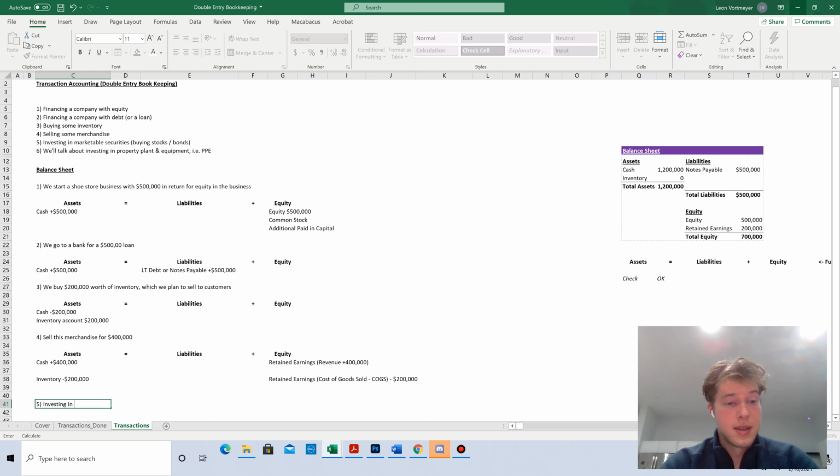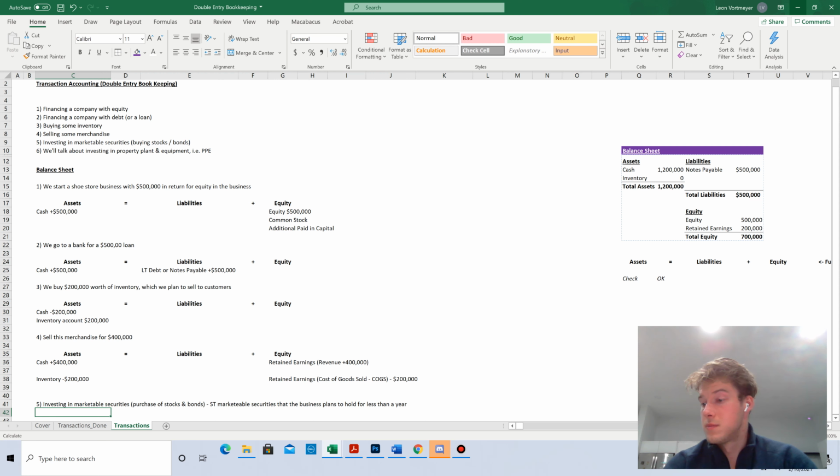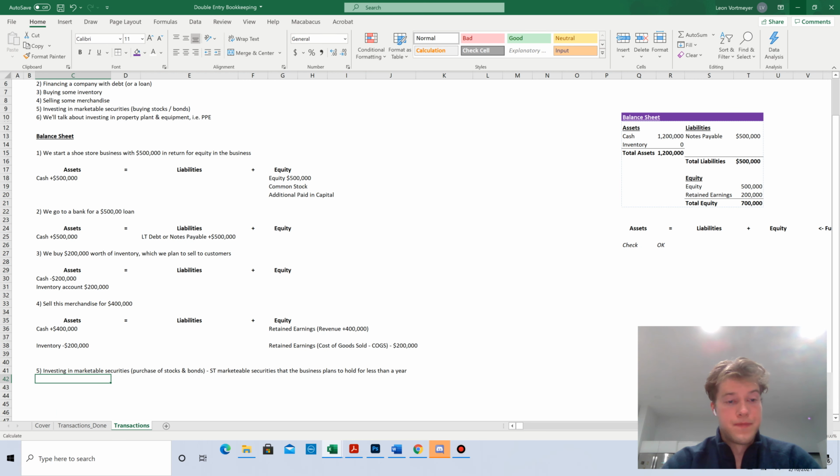But first, investing in marketable securities: here, the purchase of stocks and bonds, specifically if these are short-term marketable securities, it'll be stocks and bonds that the business plans to hold for less than a year. Great. So if we're investing, we are using cash to buy those assets.